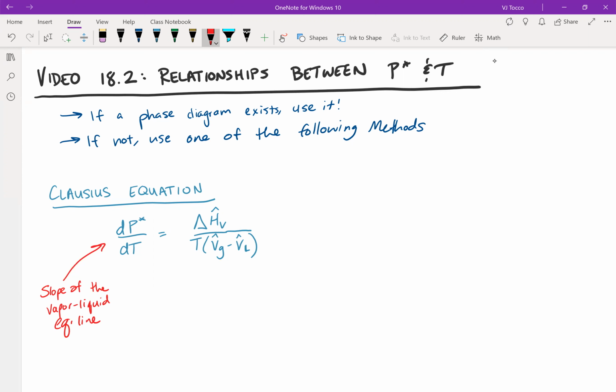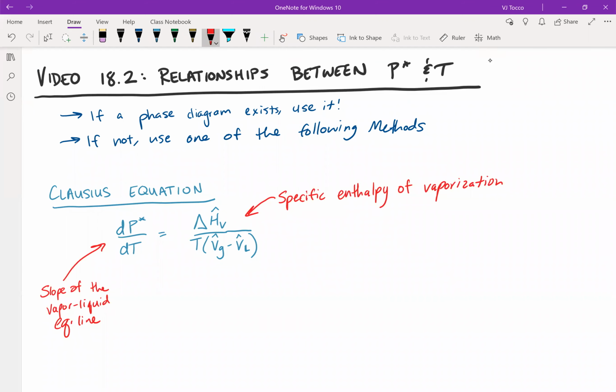Delta H hat V is the specific enthalpy of vaporization.